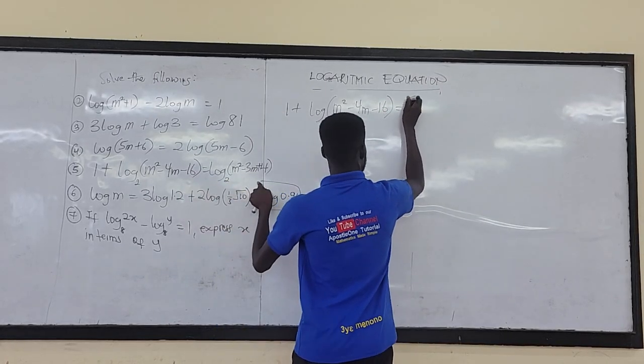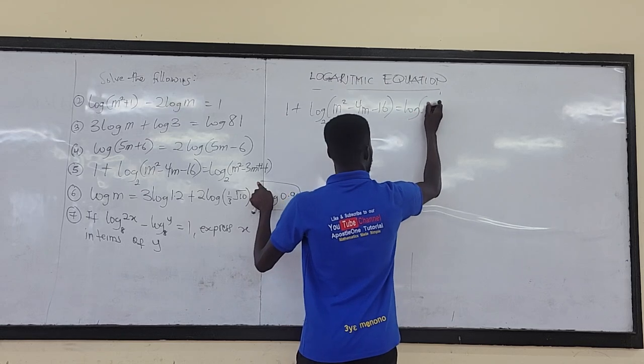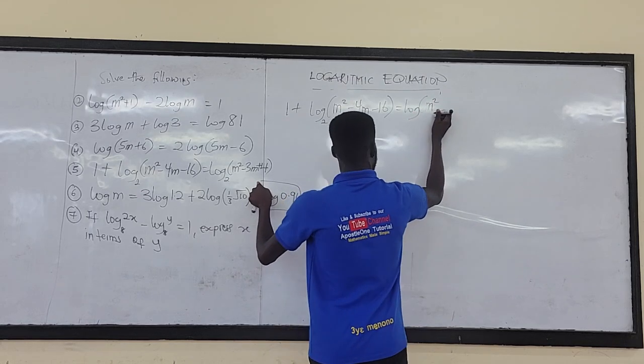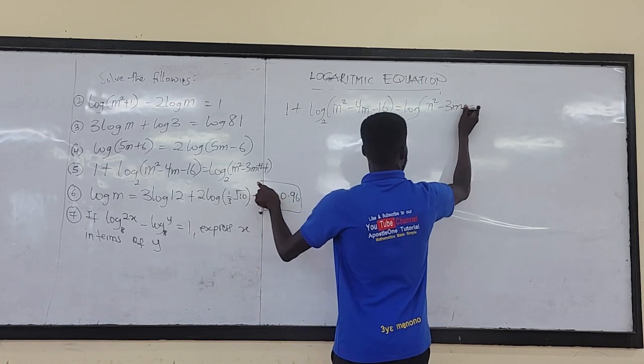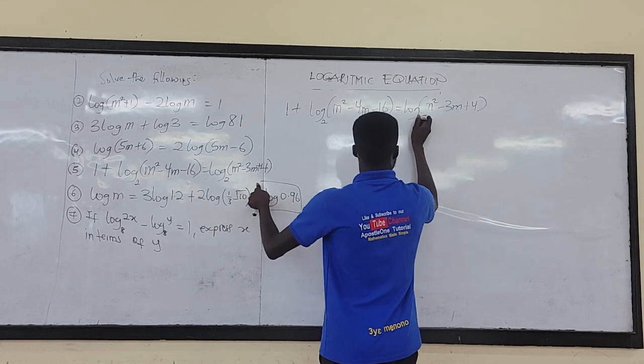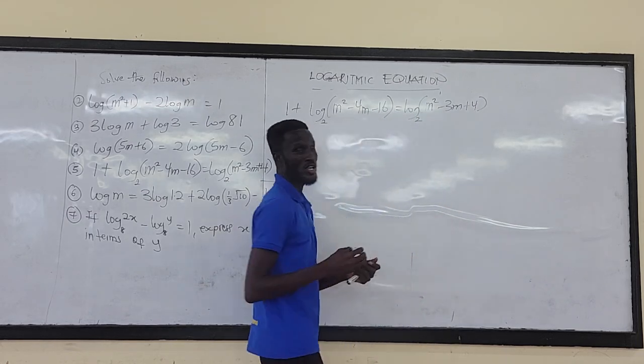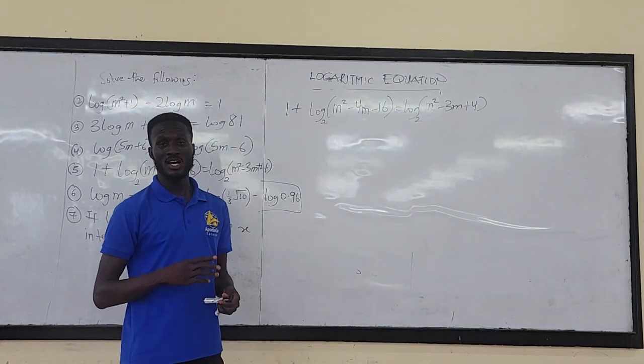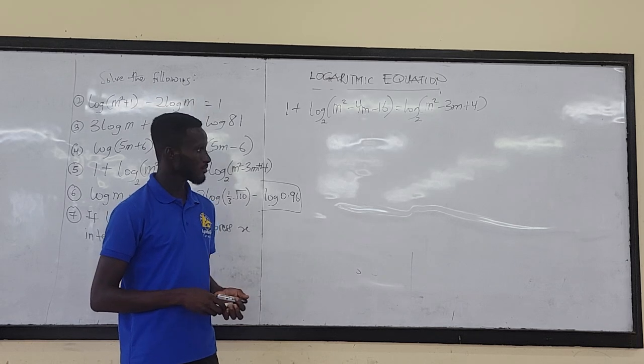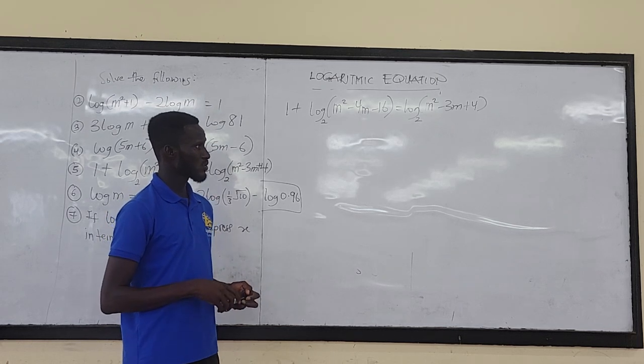Now it is equal to log of m squared minus 3m plus 4 base 2. Now we are solving this question where all the logarithms are in base 2. Yes. Now how are you going to solve this question?